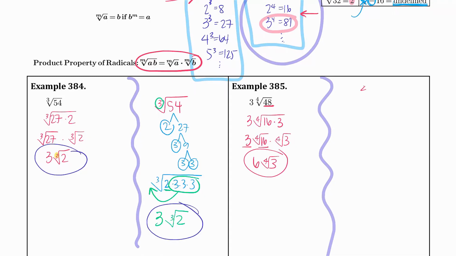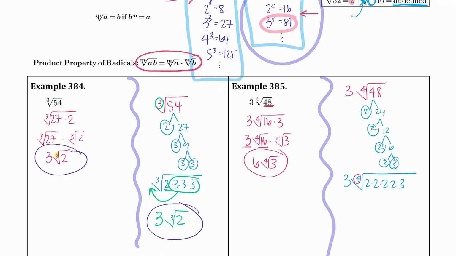If we're doing this using our factor tree, 48. I'm going to do my factor tree. I get 2 and 24, 2 and 12, 2 and 6, 2 and 3. If I rewrite it using those prime numbers, I got 2, 2, 2, 2, 3.